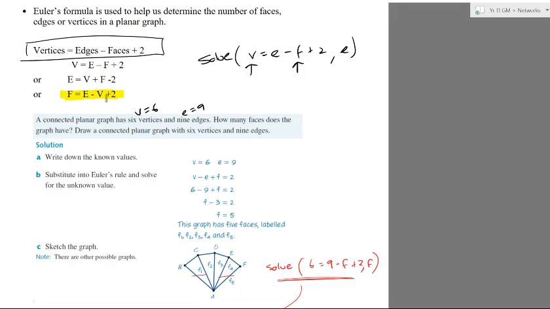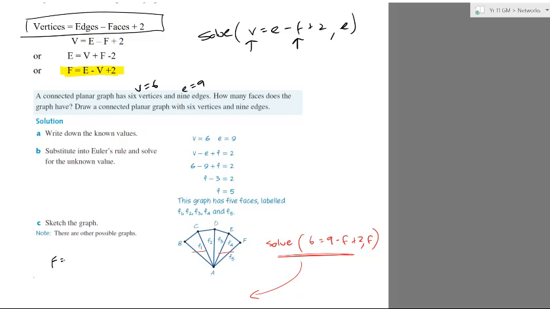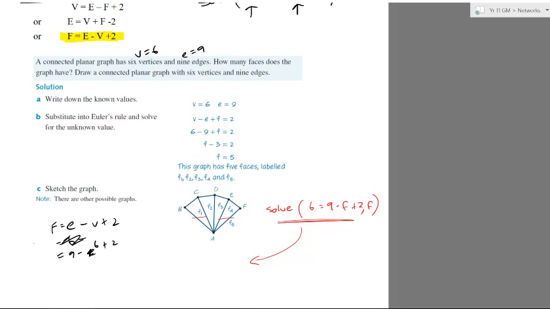If you're trying to find faces, the faces is the edges minus the vertices plus 2. So 9 minus 6 plus 2. 9 minus 6 is 3, plus 2 is 5. So there are 5 faces.